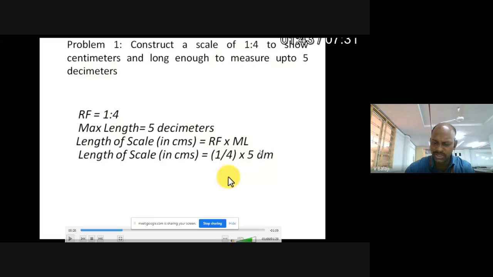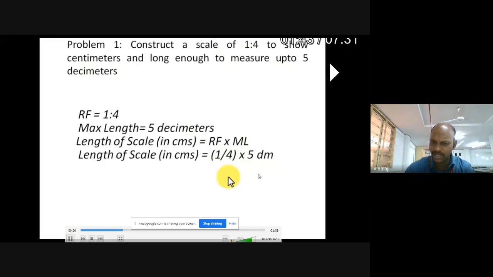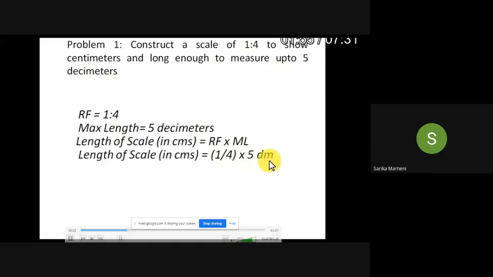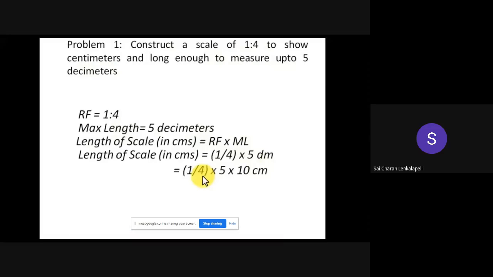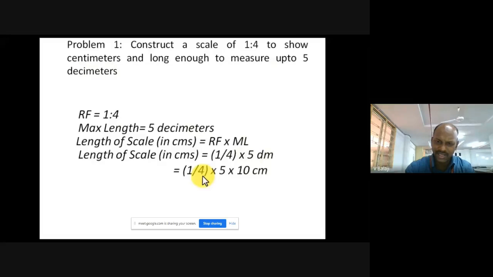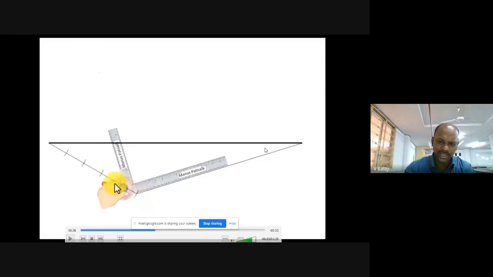So you please convert decimeter also into centimeters. Multiply with 10. So you would get how much value? 50. Total 12.5, sir. Yes, 12.5. Now take your mini drafter, draw 12.5 centimeter line on the drawing sheet.